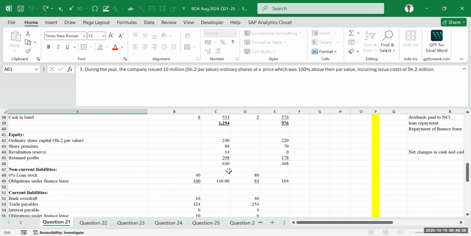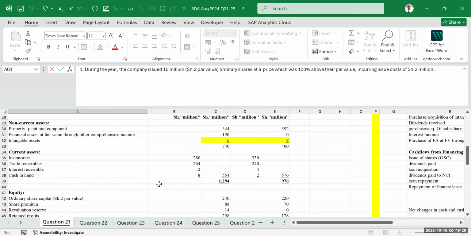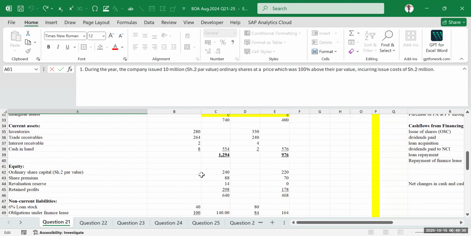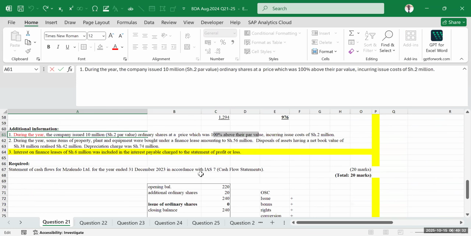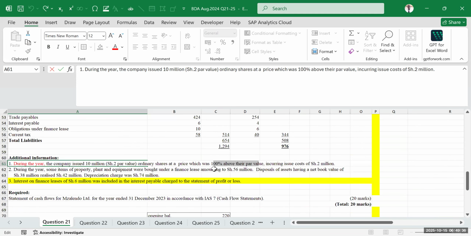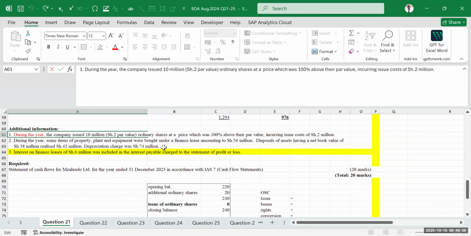So that already explains why there is a movement in the share premium account. If it already explains that, then this movement is actually because of that issue. Now, the examiner in this case only wanted us to point out and realize that there was a cost that was incurred in raising that finance. That's what the examiner wanted us to see.